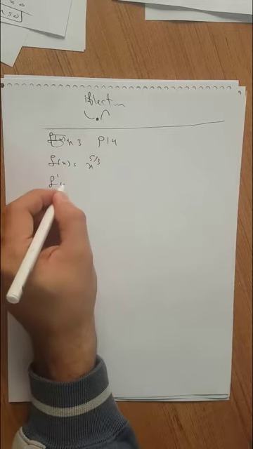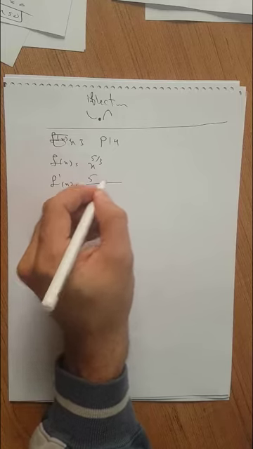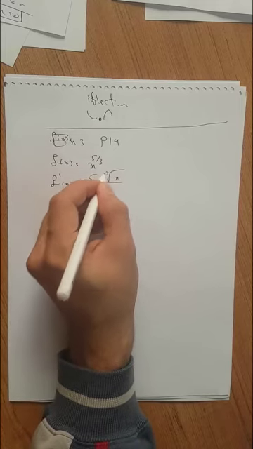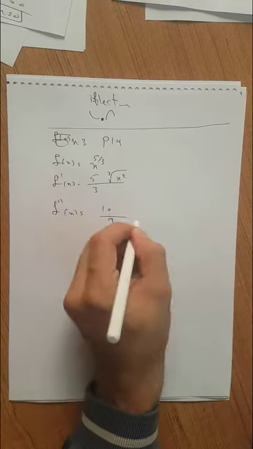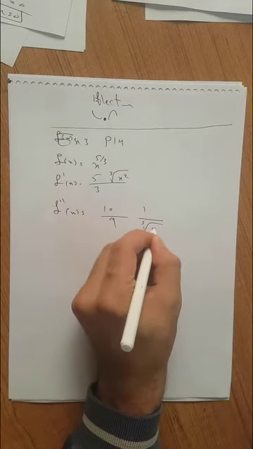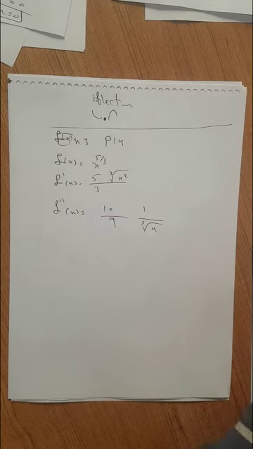The first derivative is 5 over 3 x cube root, and the second derivative is equal to 10 over 9 times 1 over the cube root of x. In that case the second derivative is sometimes positive, sometimes negative.